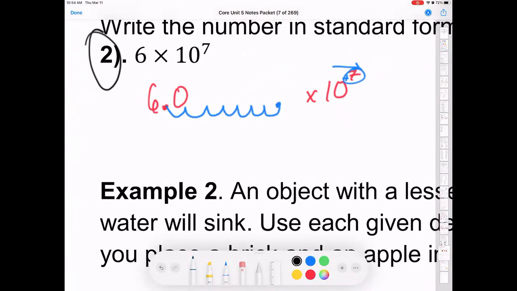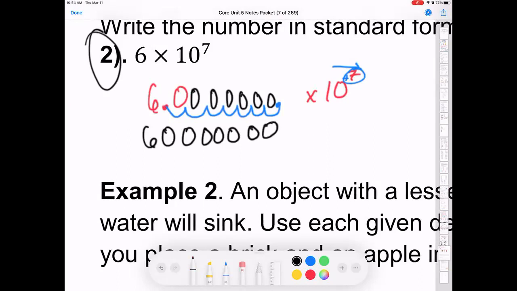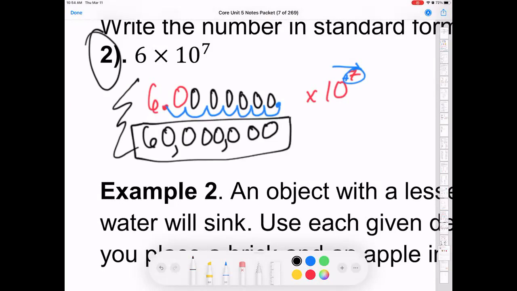And then we just dump in a 0 anywhere we see those bumps. And so when we are done, we end up with 6, 0, 0, 0, 0, 0, 0, 0, for a grand total of 60 million. Now on the practice, I would ask that you do those two different steps: one for the bumps like that, and then one is a nice clean number with all the commas and everything. Okay, so that's what I'm looking for.